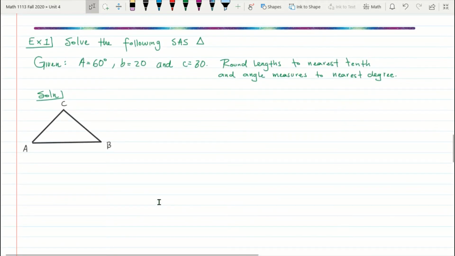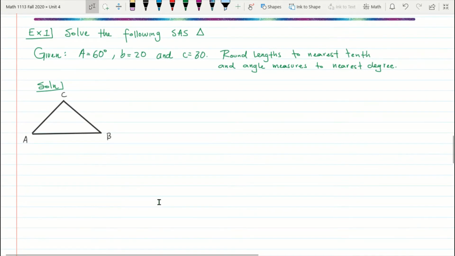All right, so let's do an example solving an SAS triangle. Okay, so you're given A to be 60 degrees.